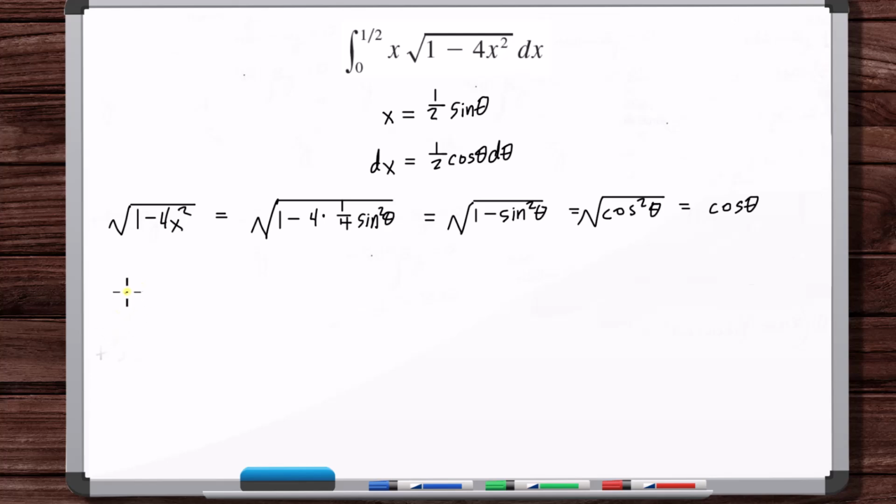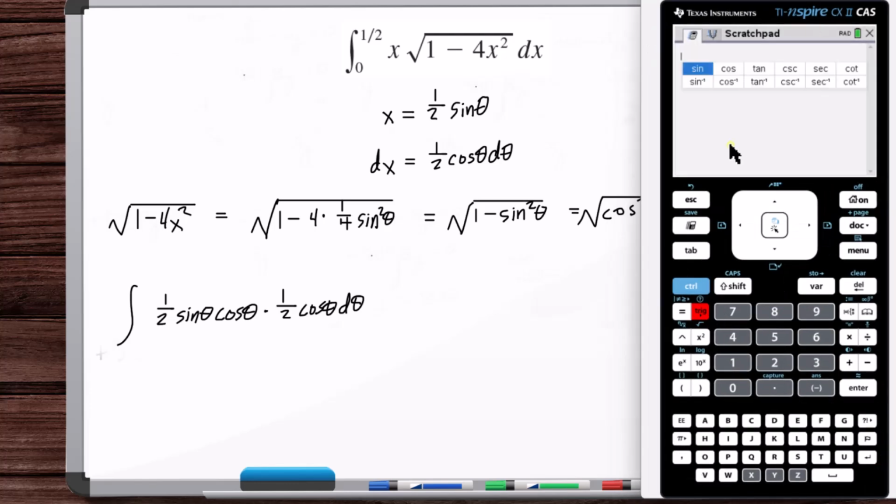Okay, so we've got 1/2 sine theta, that's x, and then cosine theta, and then dx is 1/2 cosine theta d theta. Right? Now, when x is equal to 0, theta is equal to inverse sine of 0, which is just 0.